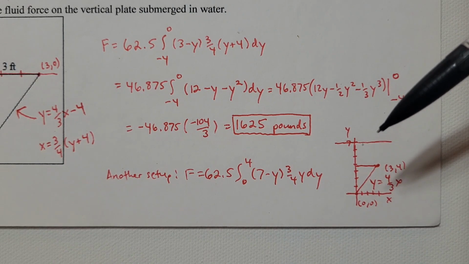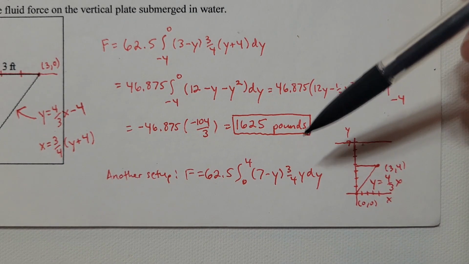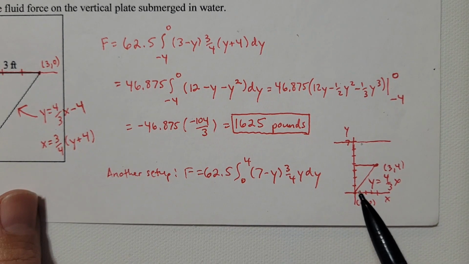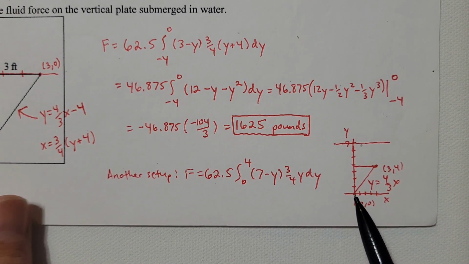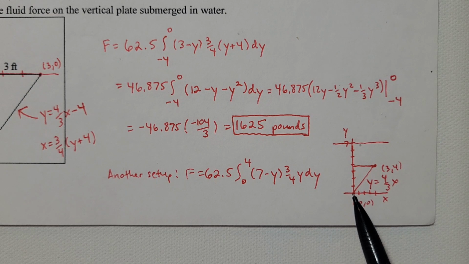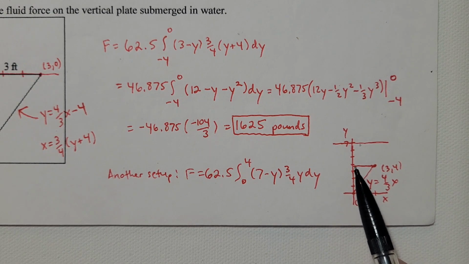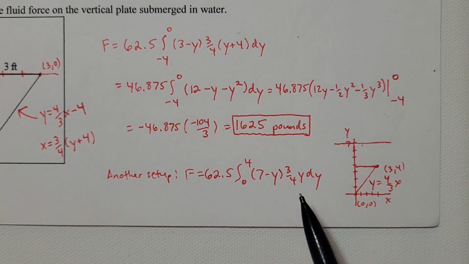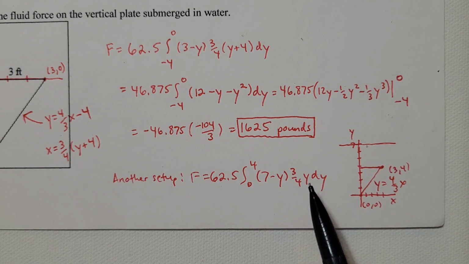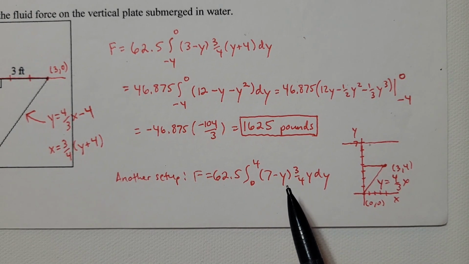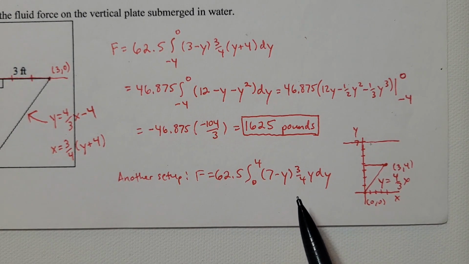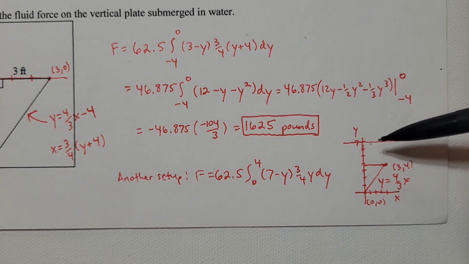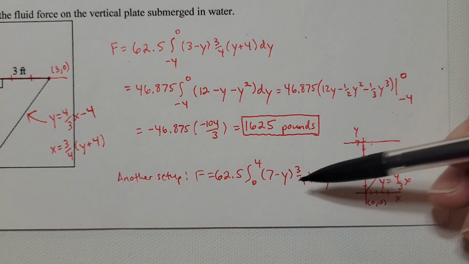Okay, but I got 62.5 times the integral going from 0 to 4. So 0 is where the bottom of the plate is, 4 is where the top of the plate is, and then here's W of y, and then times A minus y. A is where the top of the fluid is at. So the top of the fluid is at 7, and 7 minus y.